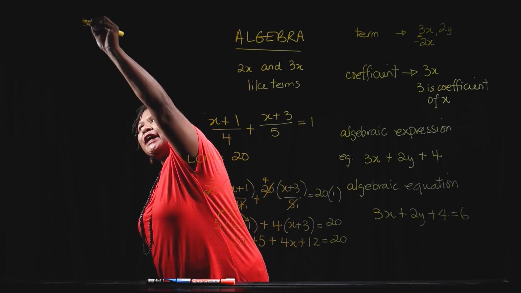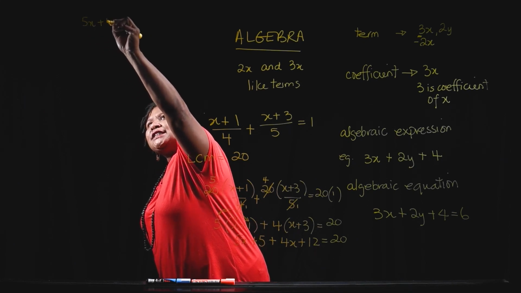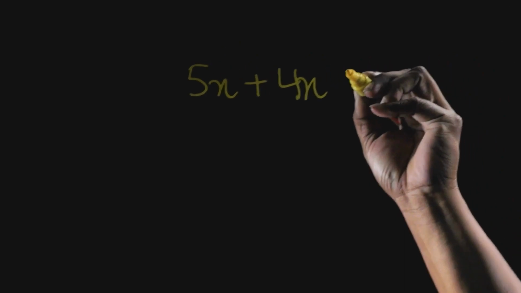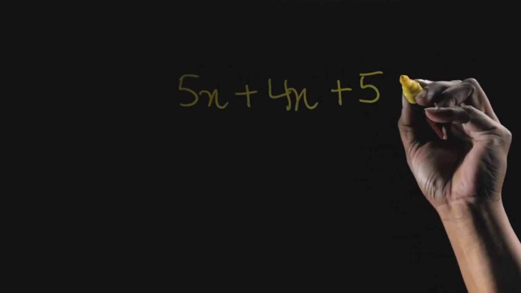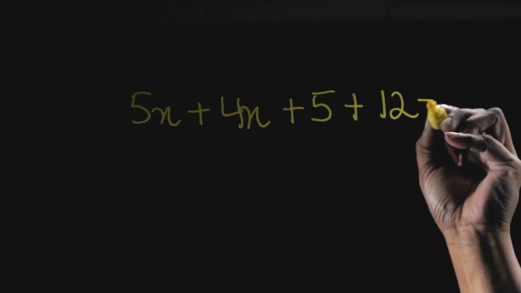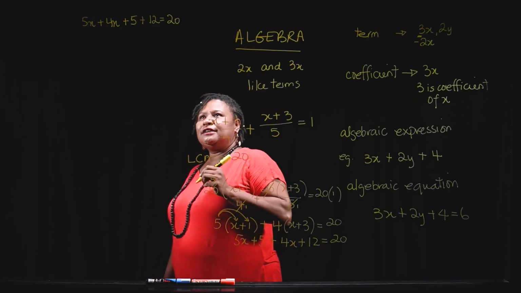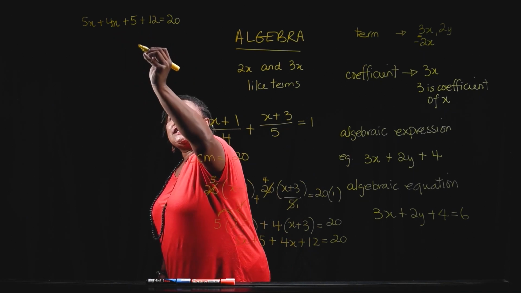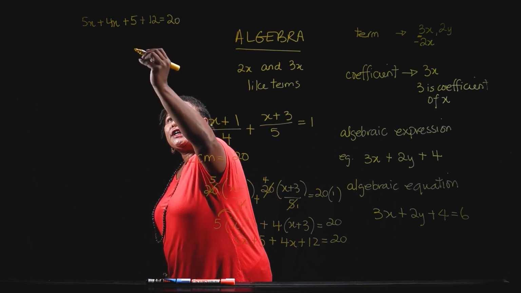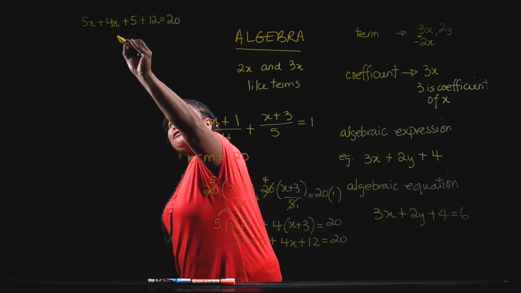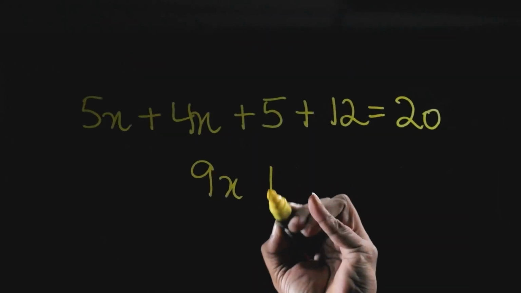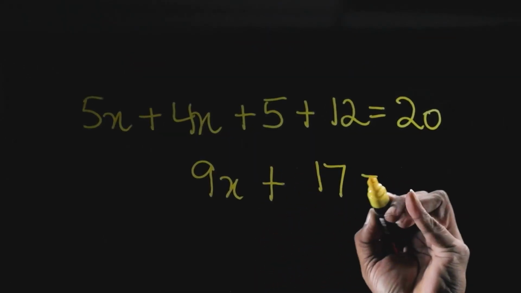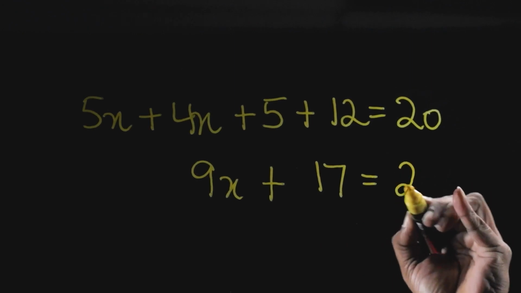We have 5x plus 4x plus 5 plus 12 equal to 20. All right? So we brought those like terms together. Let's see how our simplified equation will look. We have 9x plus 17 equal to 20.